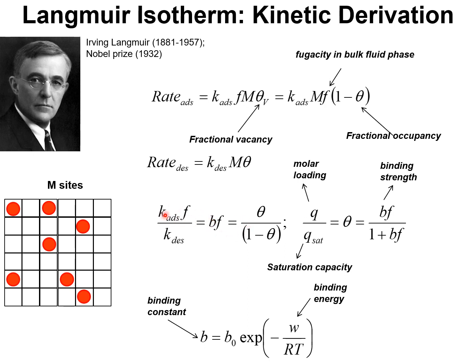The ratio of the adsorption rate constant to the desorption rate constant is denoted by B, and B is a measure of the binding strength of the molecules.